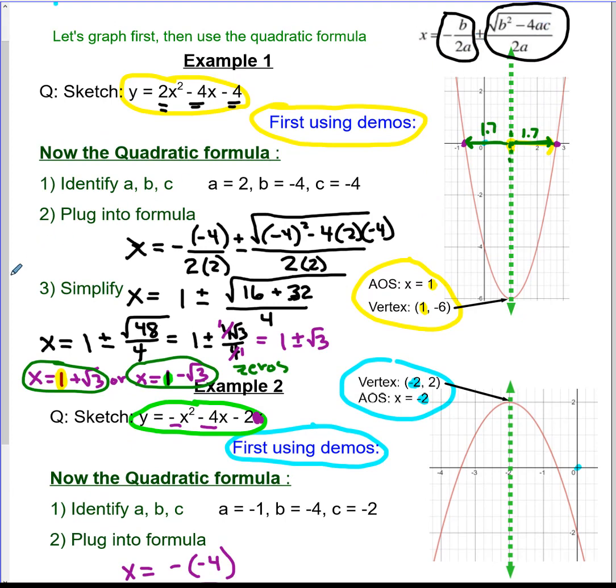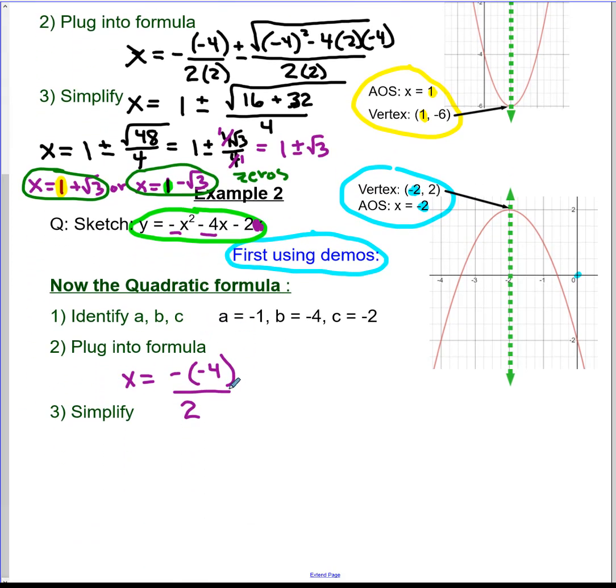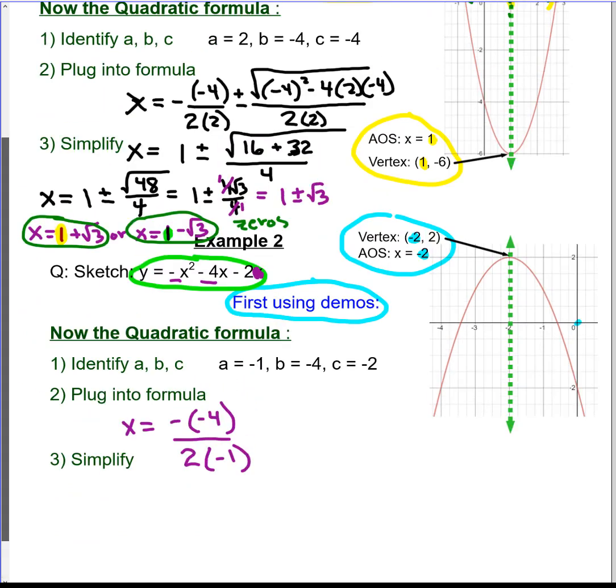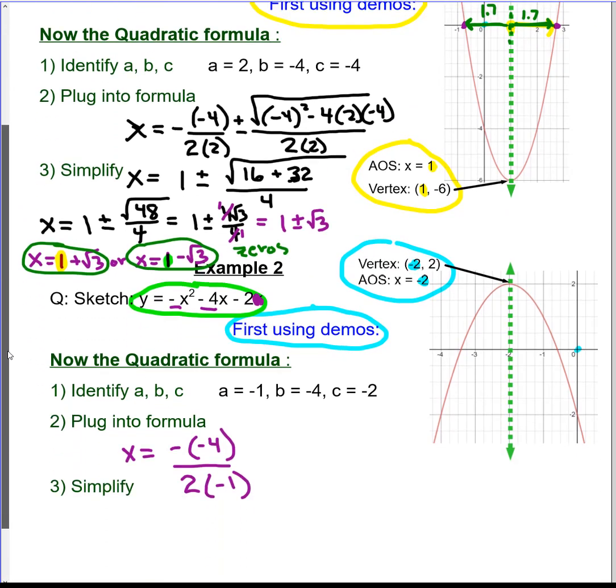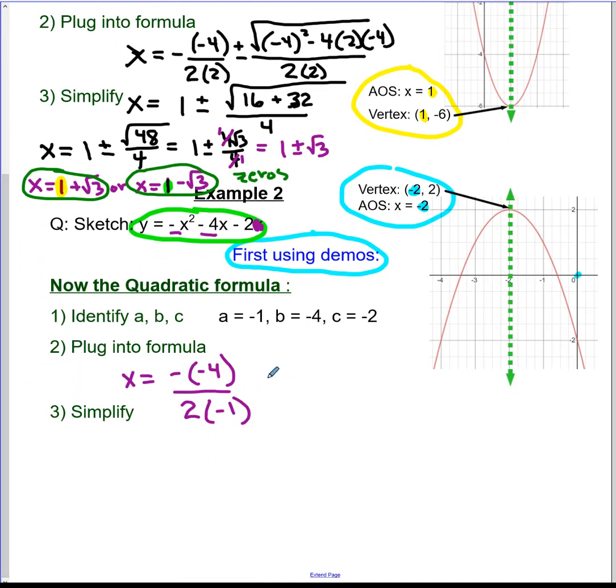That's what we're filling in. 2a, and a is negative 1 here. And then if you look back up here, plus or minus comes next. That's the first fraction, and then we're going to do plus or minus, meaning that there are most likely 2 answers. And then, of course, the big radical.